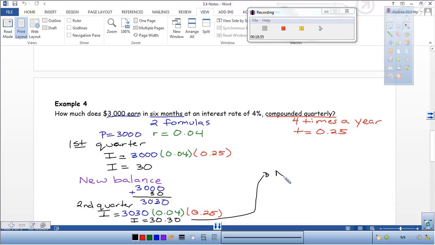So, how much does $3,000 earn in 6 months at an interest rate compounded quarterly? We want to know how much we've earned.